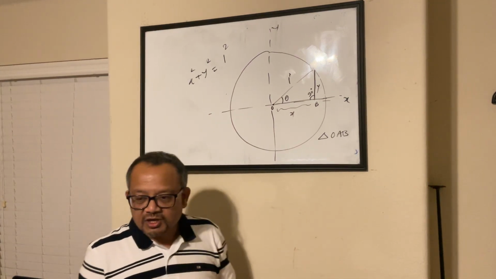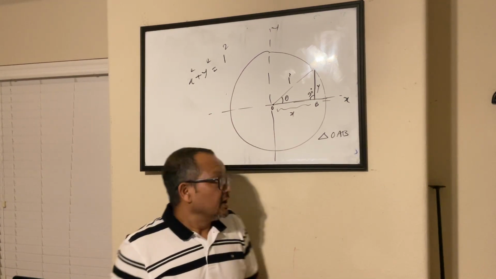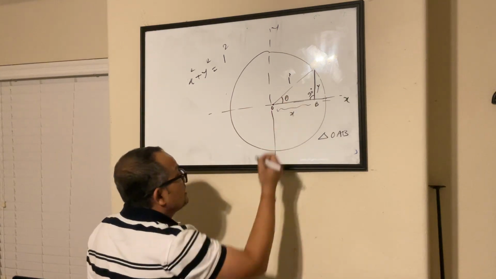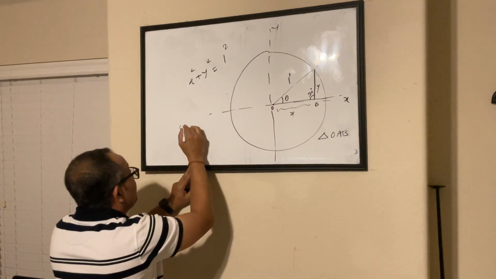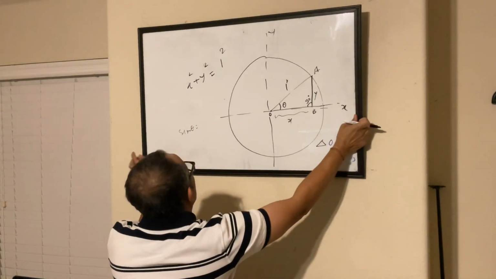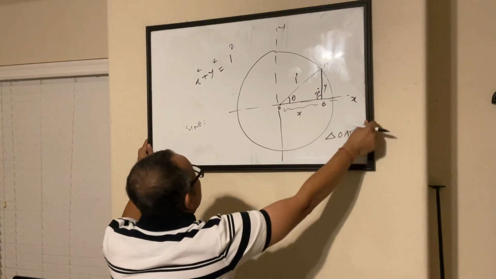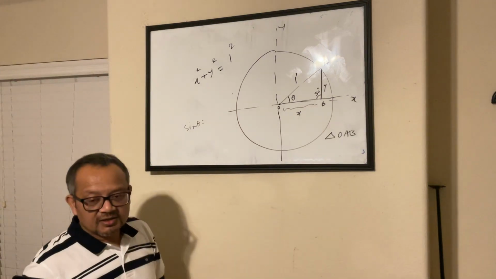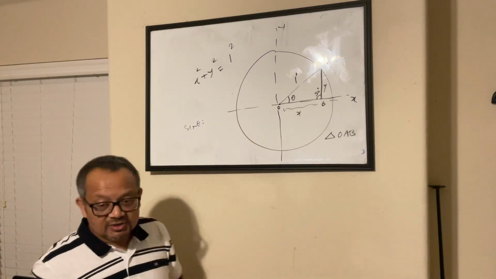Okay. Now by SOHCAHTOA, you would know if this is my angle theta, sine theta will be how much? Here we know what is my x and y. So sine theta will be how much? Anybody?